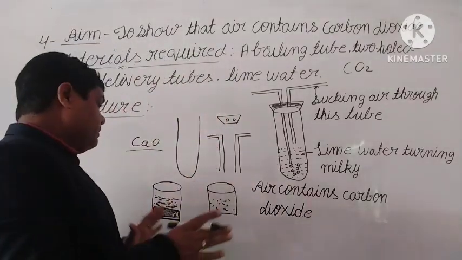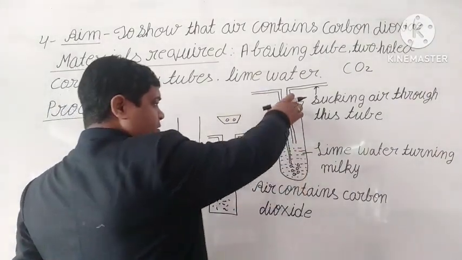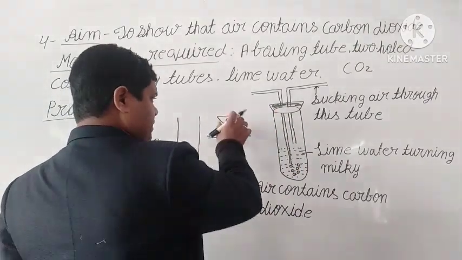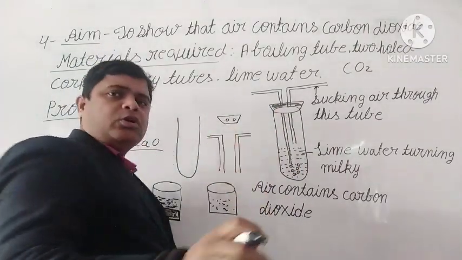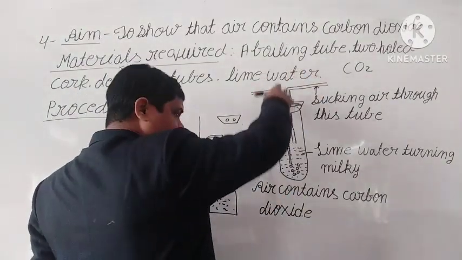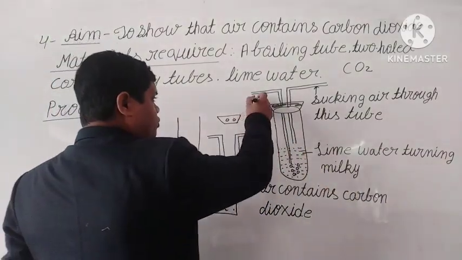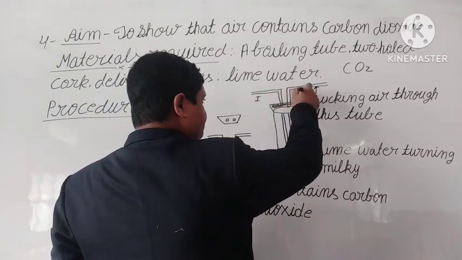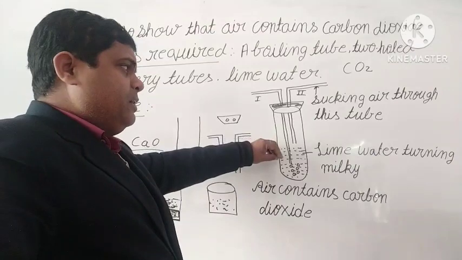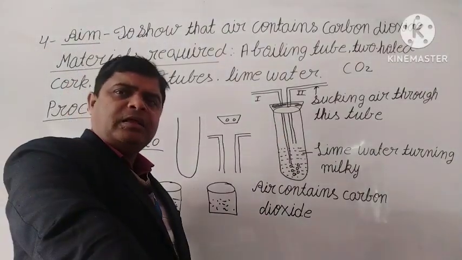So students, after that the next material is a test tube. See the figure, this is one test tube. Just take the lime water and then close its mouth with the two-hole cork. And after that, put the two tubes inside. Clear? The two tubes are the first and the second. The first tube goes deep inside the lime water.